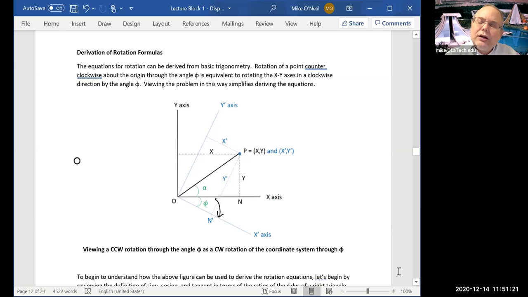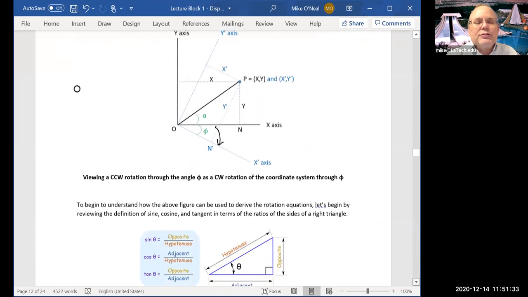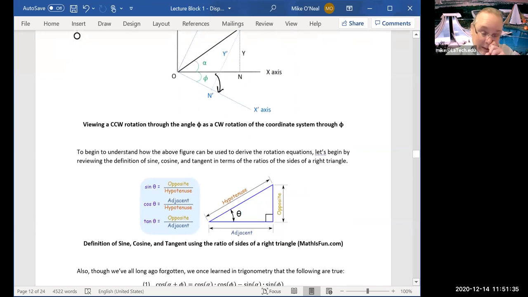So now, with a little bit of math, we will be in trig, and now that we've gone through the geometry, we'll be able to derive these equations. So the first thing we need to do is think about sine and cosine again in terms of the ratio of the sides of a right triangle.